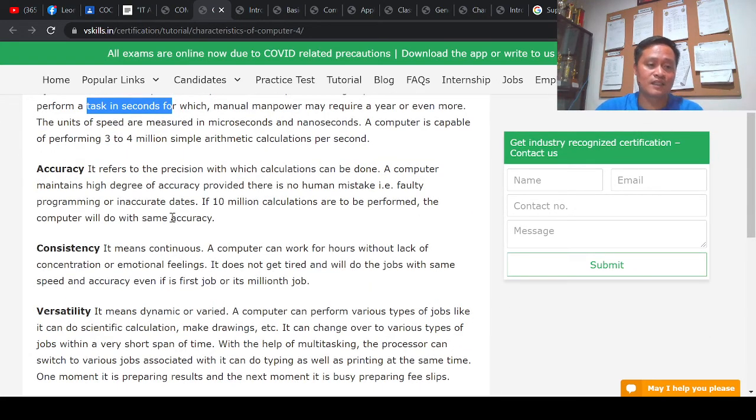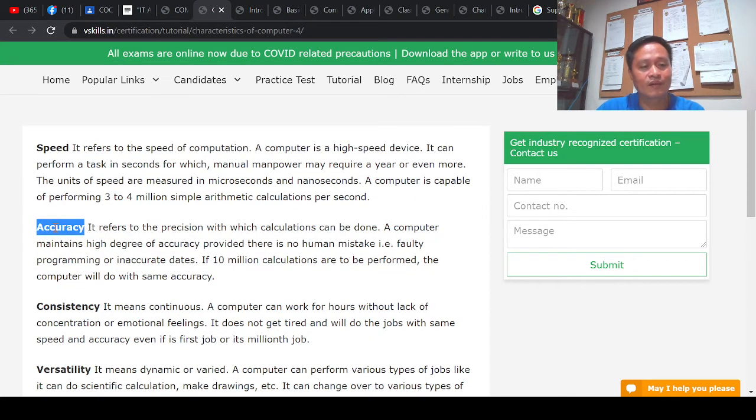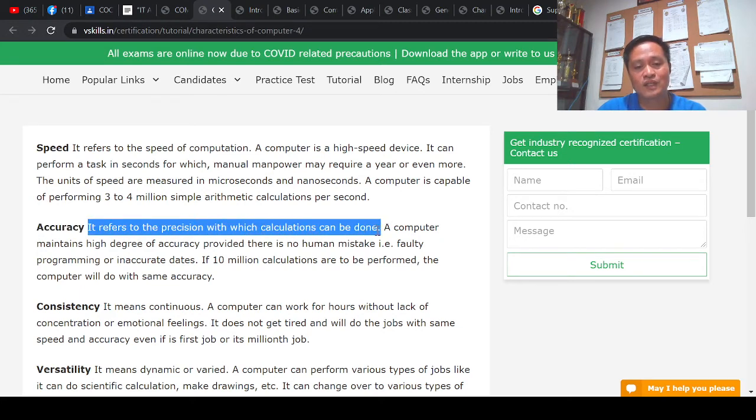The second characteristic of computer is accuracy. Okay? Now it refers to the precision with which calculation can be done. Assuming the program is correct, because computer is a programmable device, okay? It will compute and do mathematical computations 100% accurate, assuming the formula is correct.